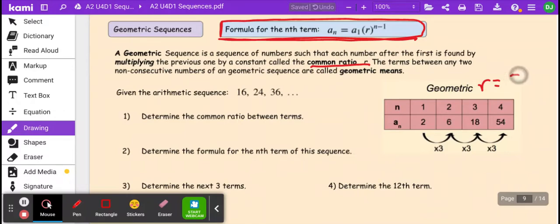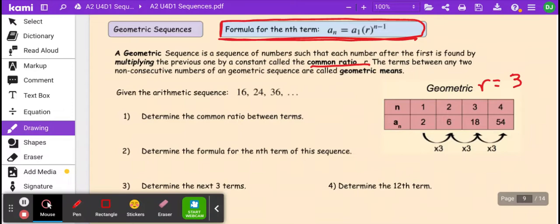I'm multiplying by 3. So that common ratio is 3. It's your multiplier. And then what's going to be our exponent in our exponential? It's n minus 1. And remember, the n's have to match. So if I'm finding the fourth term, then that n would be 4. Okay, and that's pretty much how it works.